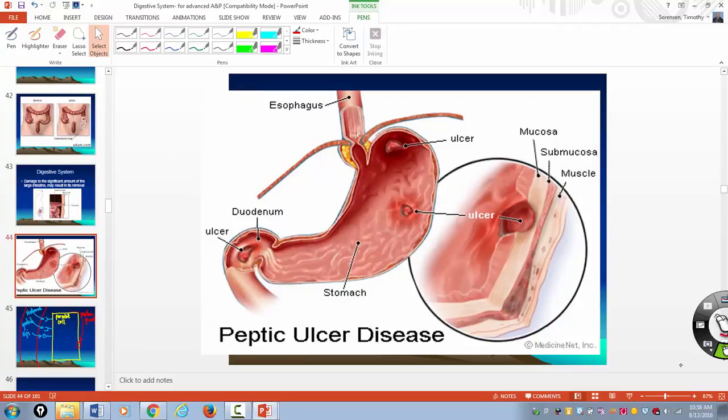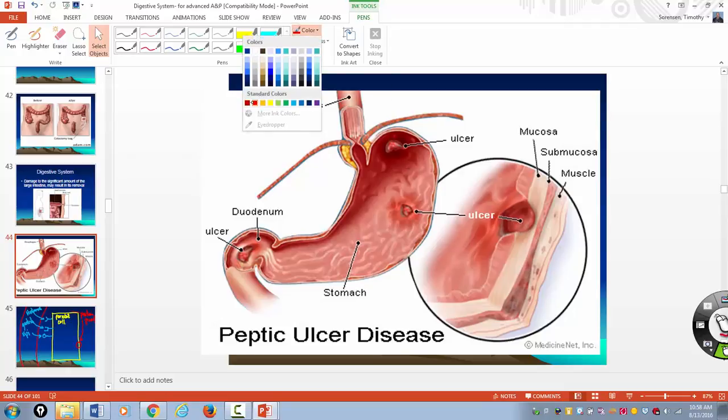peptic or gastric ulcers. Now remember that in most cases, the hydrochloric acid that's formed by parietal cells and the pepsin that's formed by the chief cells of your stomach usually shouldn't damage your stomach because of the protective mucus lining that you create. And that protective mucus lining, again, is rich in bicarbonate, right?